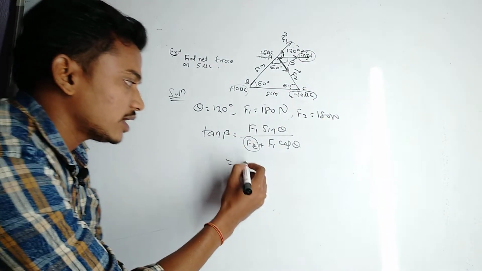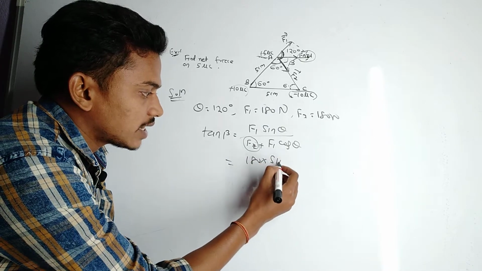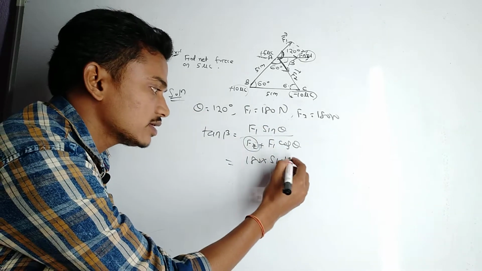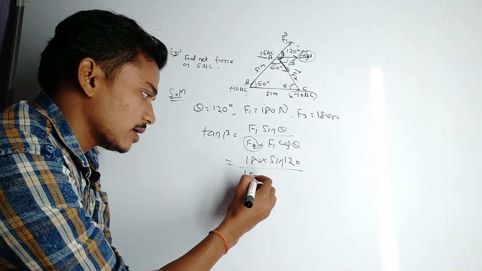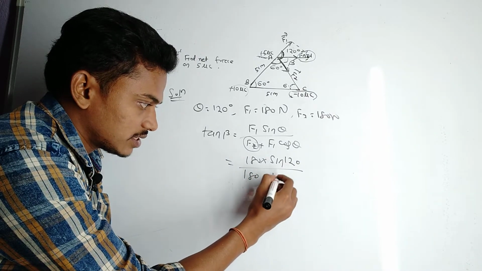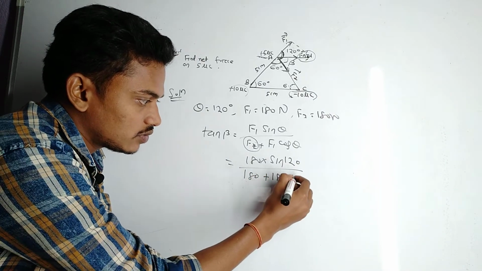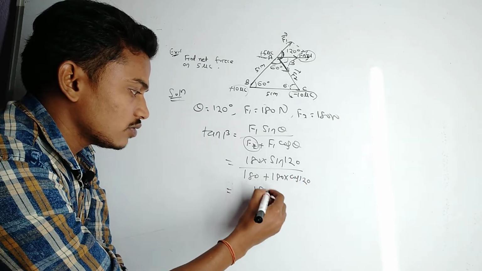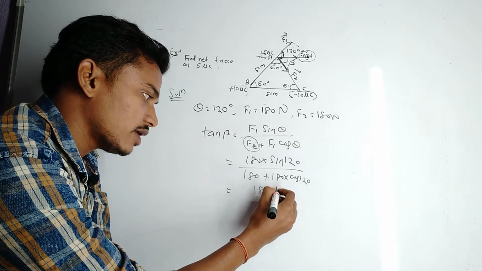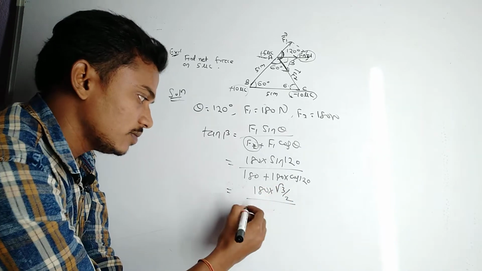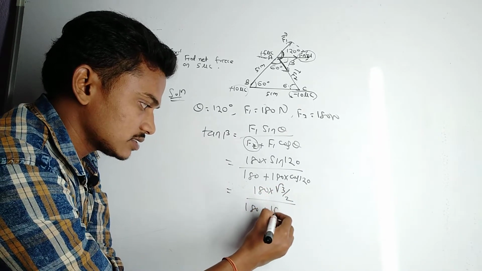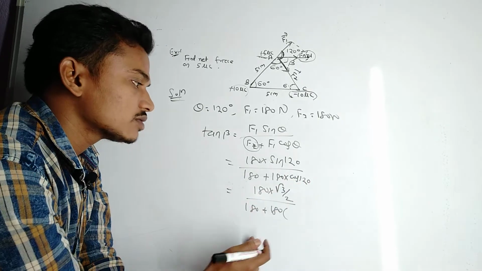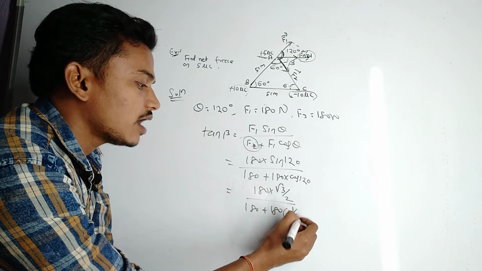So F1 is 180, sin theta is sin 120, divided by F2, which is also 180, plus F1, 180, into cos 120. That equals 180 into sin 120, which is root 3 by 2, divided by 180 plus 180, and cos 120 degree is minus half.